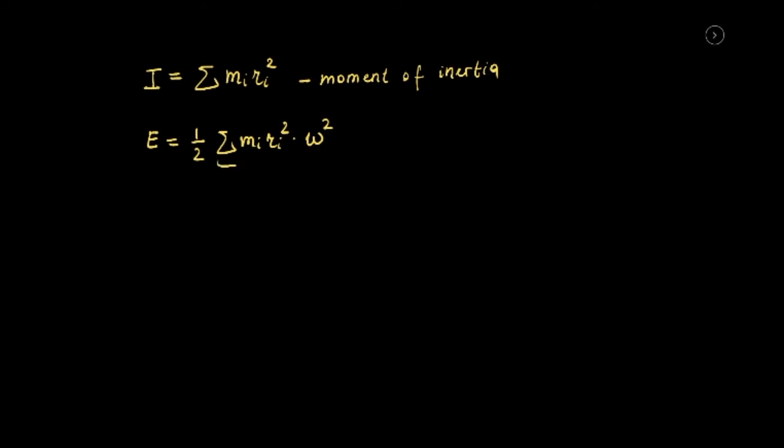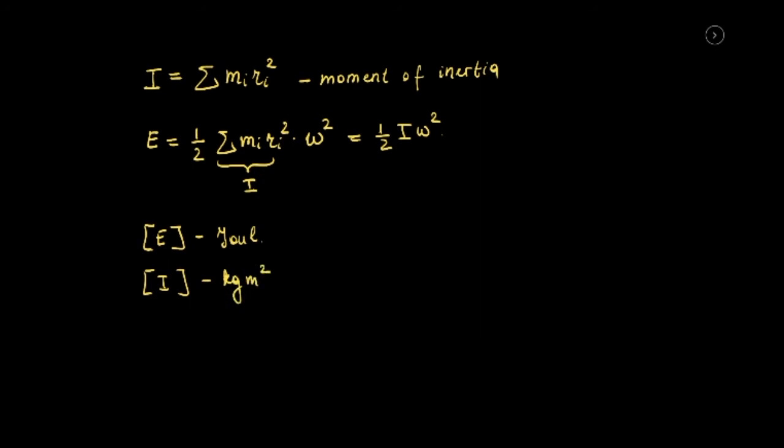Since this quantity is equal to I, we can write it as 1 divided by 2 I omega squared. The unit of rotational kinetic energy is still joule, and the unit of moment of inertia is kilogram meter squared.